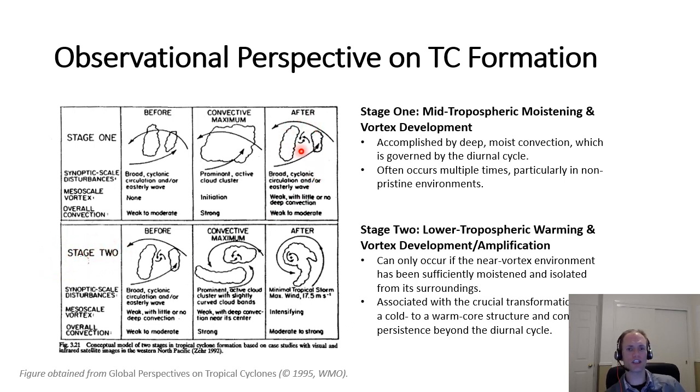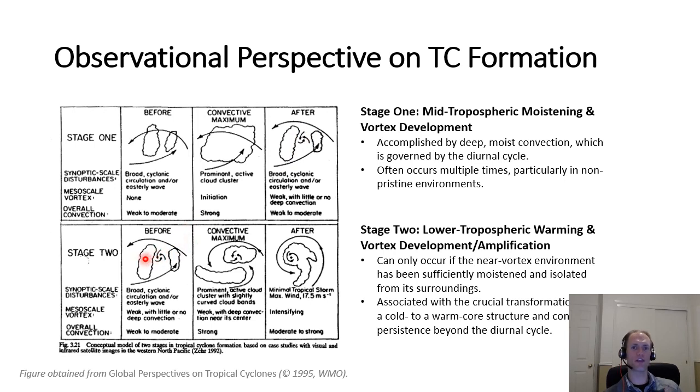It also led to the development of a mid-level vortex here due to the heating profile associated with the thunderstorms that took place during stage 1, with warming over much of the troposphere and cooling over a shallow near-surface layer just above the ground. And so in this video, we start with this mid-level vortex that is present at the end of stage 1, at the beginning of stage 2.